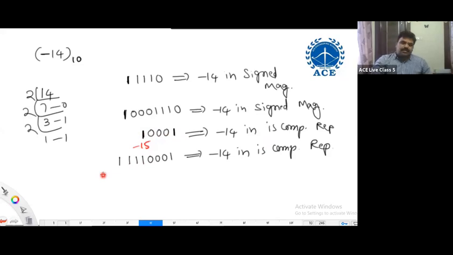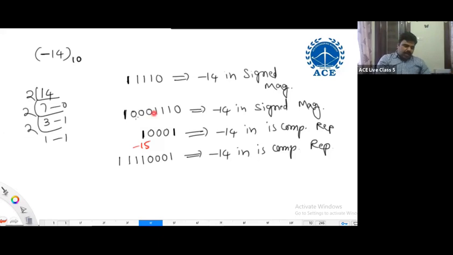Now, if I ask say minus 14 using 16 bits, then what should I do? Again, writing 8 ones in front will give minus 14 only. Minus 14 can be represented using any number of bits by extending MSB, which is the sign bit.